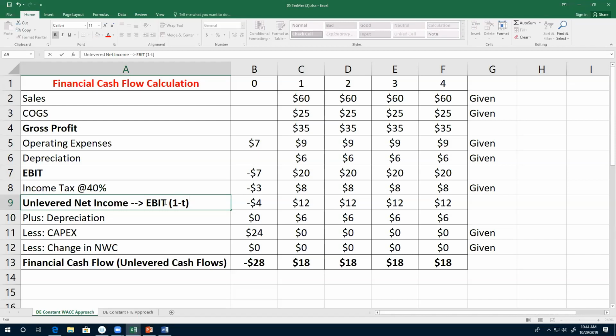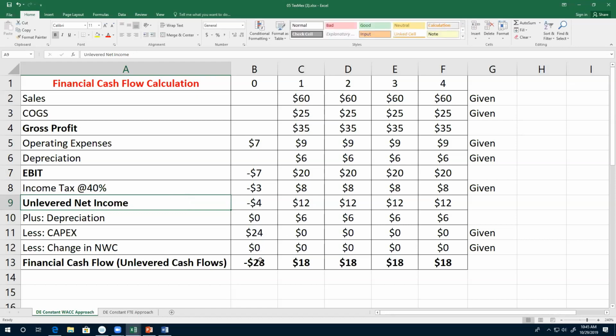We know that in order to get to financial cash flows, I need to add back depreciation. Depreciation was already given over here, so I'm just adding these back. Now, CapEx, this number is also given to you. Let's suppose $24,000 is the amount that you need to spend on this machinery. So $24,000 is your CapEx, and this is why you have depreciation of like six every year as well.